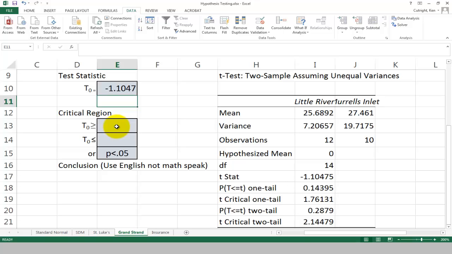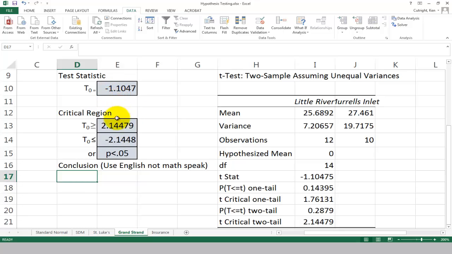This is a two-tailed test. So down here's the critical value for a two-tailed test. That's the right side. So we have 2.144, and the left side would be equal to minus 2.144. It's nice that Excel did all this work for us. Now all we have to do is write our conclusion.